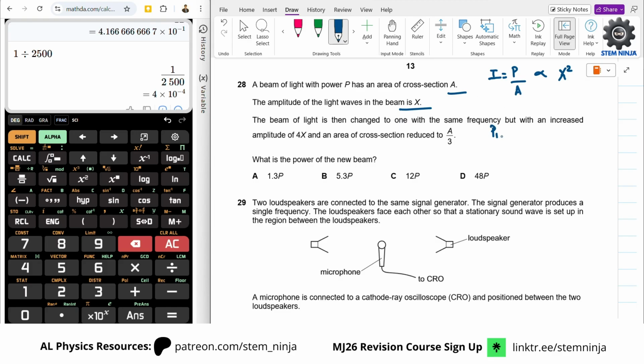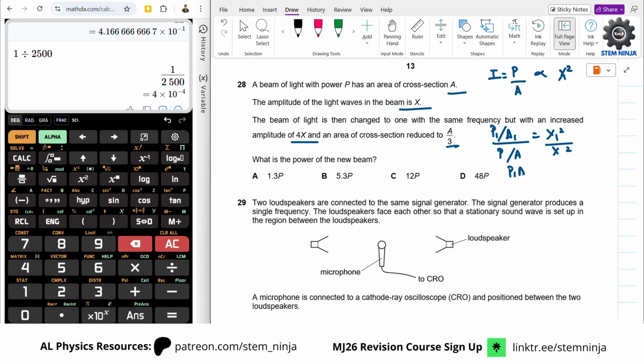So we can do this: P1 over A1 over P2 over A2 equals x1 over x2 squared. We can swap these out also, that doesn't really matter. The original ones are in the denominator, and the numerator ones are what we are trying to find. Now the amplitude has been increased to 4x and the cross-section area is reduced to A over 3.